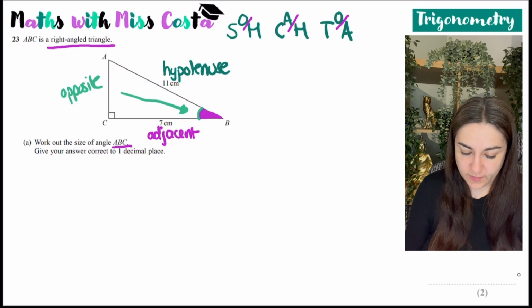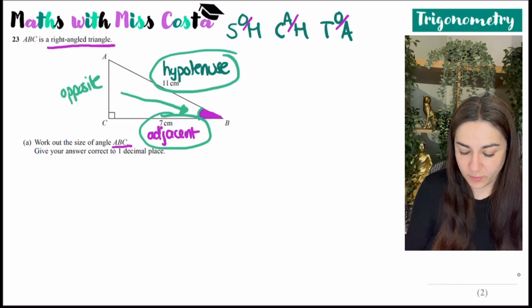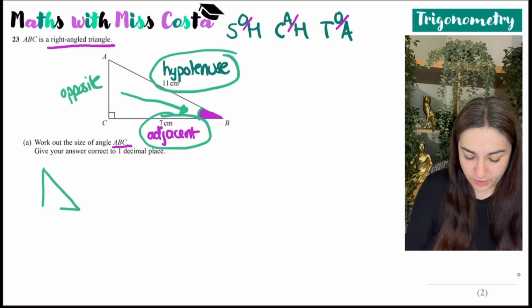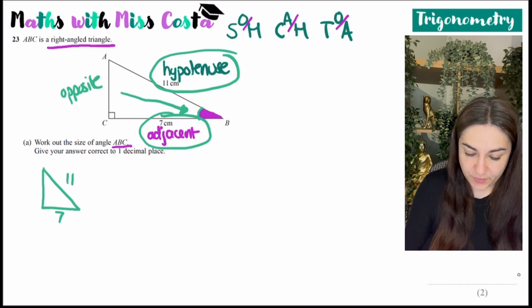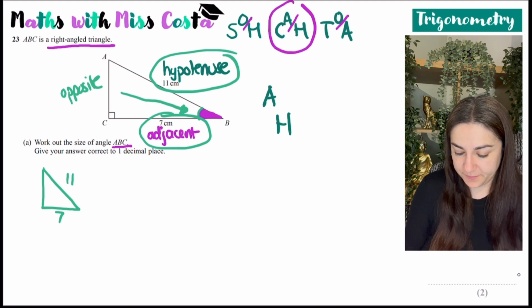And then what I do is I'm like, okay, I've labeled my triangle and the two sides I've been given are the adjacent and the hypotenuse, because those are the ones that you know the lengths of. You know that's 11 and that's 7. So out of SOHCAHTOA, which one uses A for the adjacent and H? Well, it's this one here.